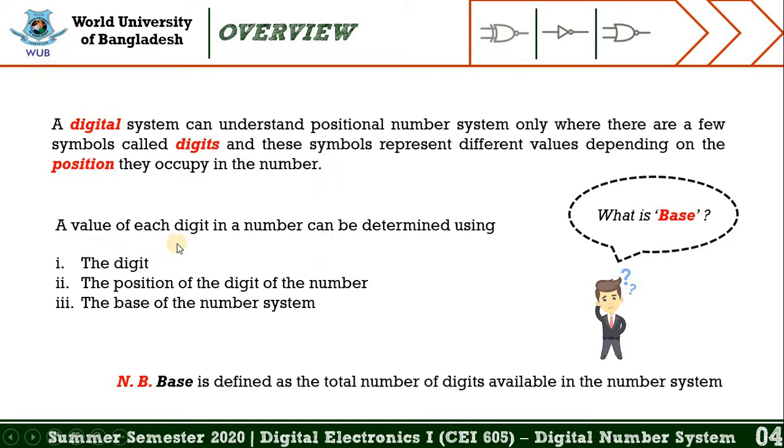The value of each digit in a number can be determined using the following things: the digit, the position of the digit in the number, and the base of the number system. Now a question may arise in your mind, what is base? Base is defined as the total number of digits available in the number system. Now we need to move into the next slide.